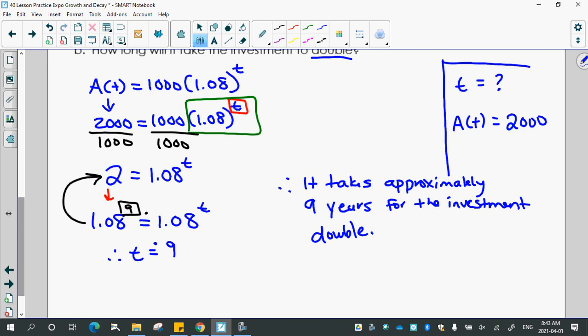So therefore it takes approximately 9 years for the investment to double. So the big thing here, which is unusual, it doesn't feel good, is I have to write 2 as 1.08 to something. So I'm only going to be able to get the answer close or approximately. I'm not going to be able to get it exactly until you learn logarithms in grade 12, and then you'll be able to solve it exactly.